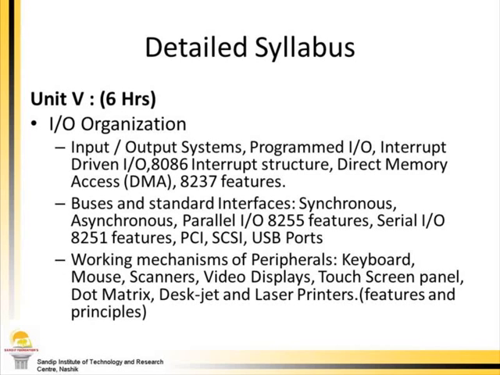Unit number 5 contains all the types of input and output organizations: how your computer system organizes the input and output devices, and how it handles them. This is part of the fifth unit.